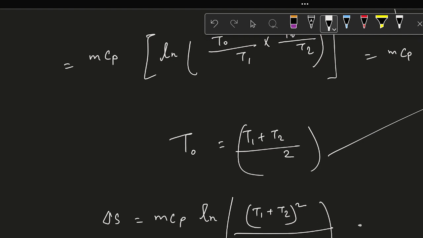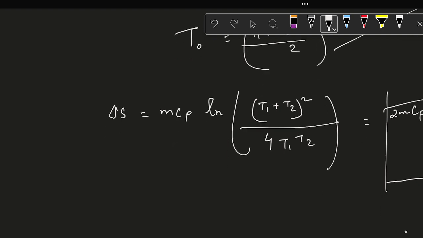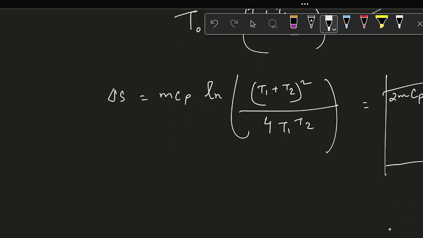To simplify it even further, you can take the square in front of ln, so it becomes 2mCp ln of (T1 plus T2) by 2 root over T1 T2.